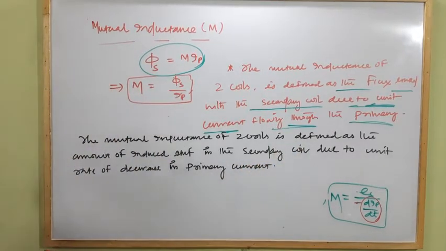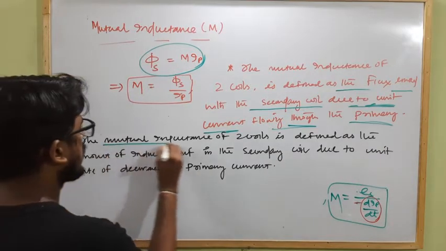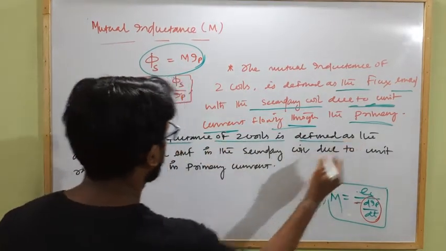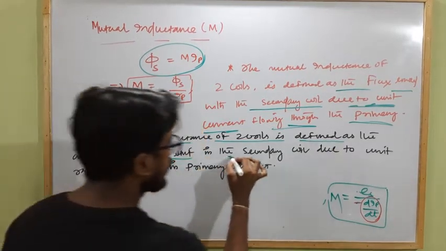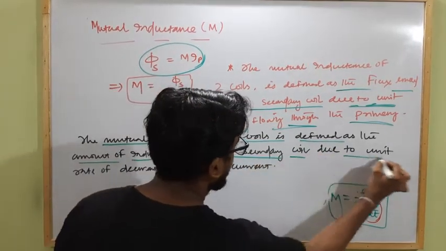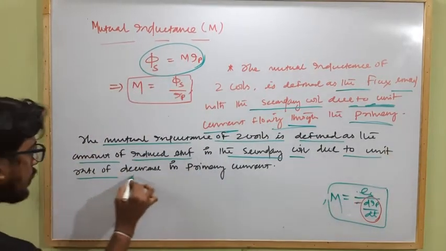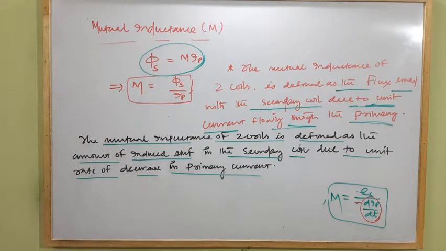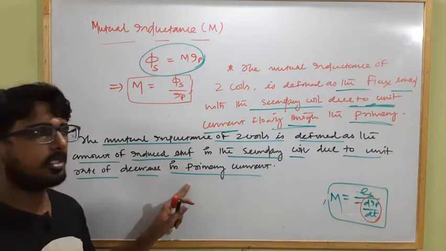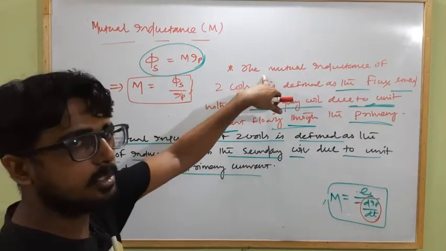Okay, so the mutual inductance of two coils is defined as the amount of induced EMF in the secondary coil due to unit rate of decrease in primary current. Clear? This is another definition of mutual inductance.